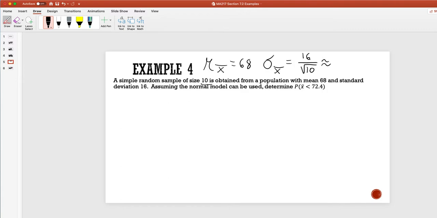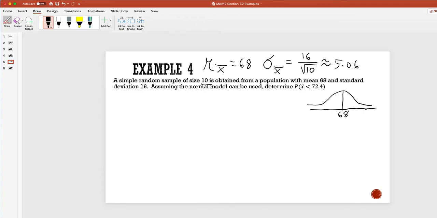And if we toss that into a calculator, we get a value of about 5.06. So this references this area here. So a mean of 68, and we want this to be less than 72.4.